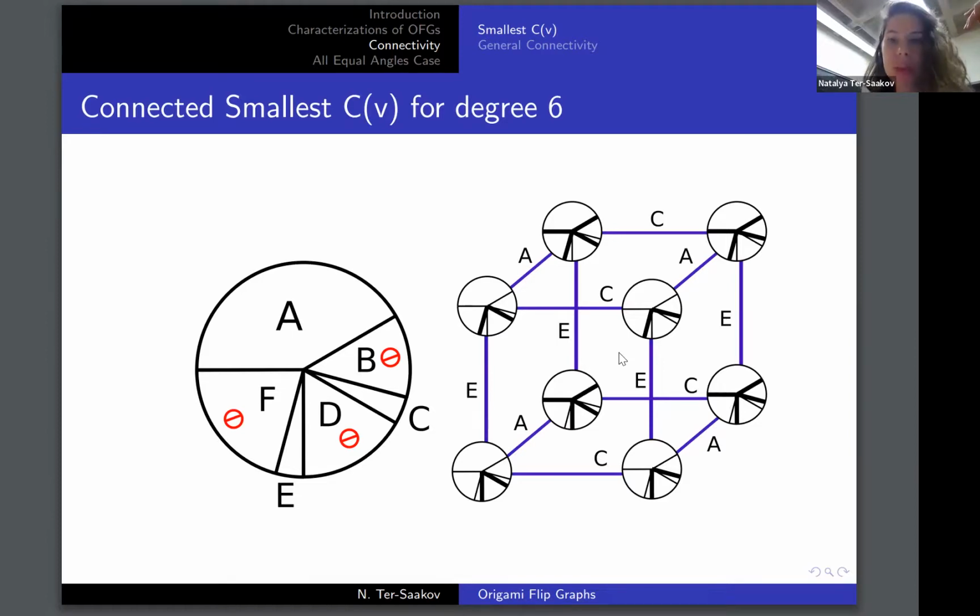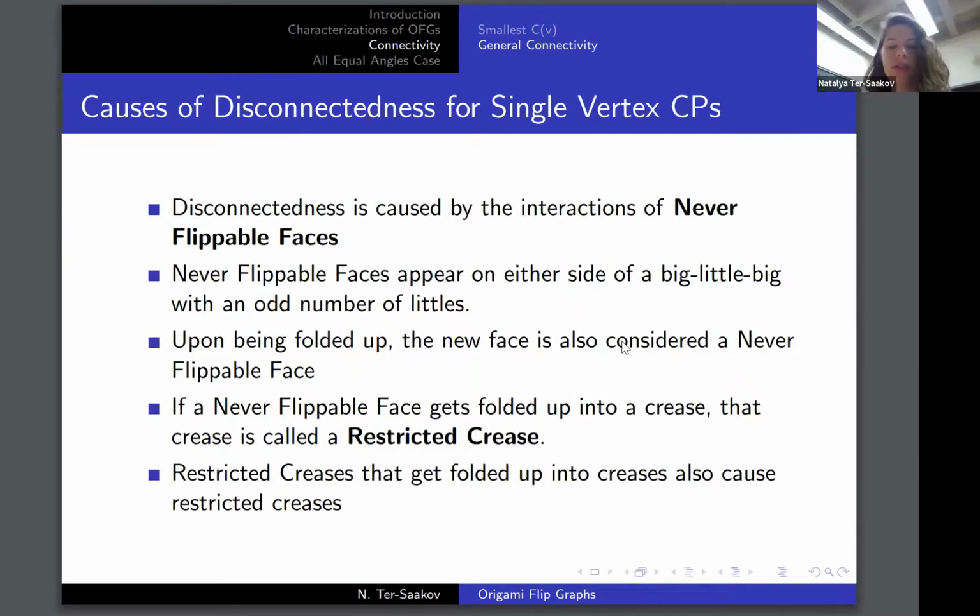So we explored what makes something connected or disconnected. And this idea of having faces that can never be flipped led us to talk about never flippable faces. And if you track where the never flippable faces are, you also sometimes get restricted creases, which are never flippable faces that have been folded up and are now hidden in a crease.